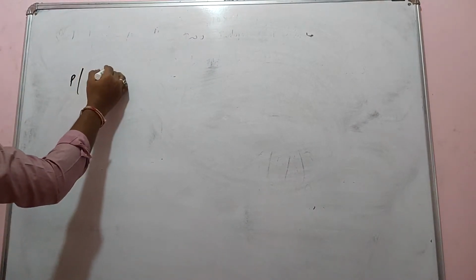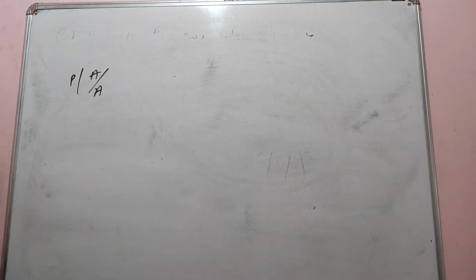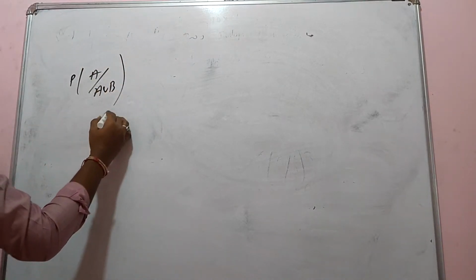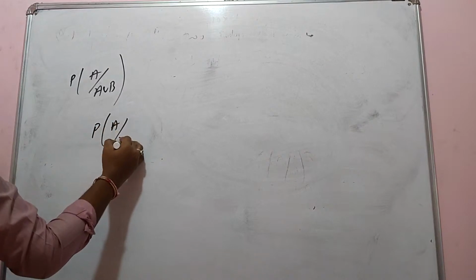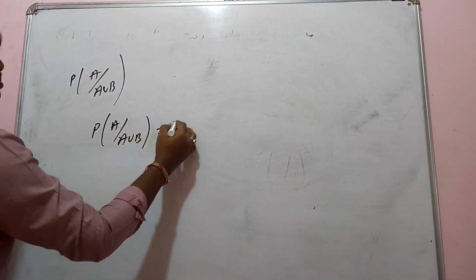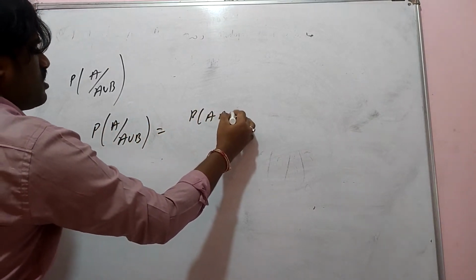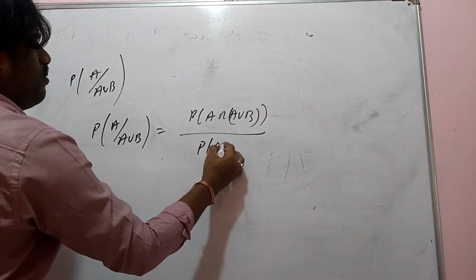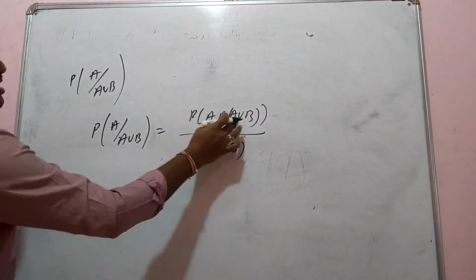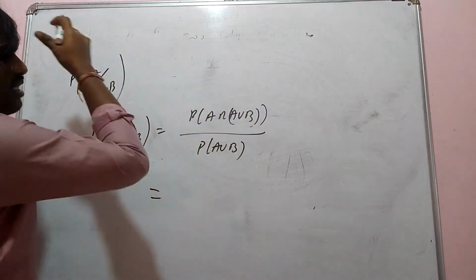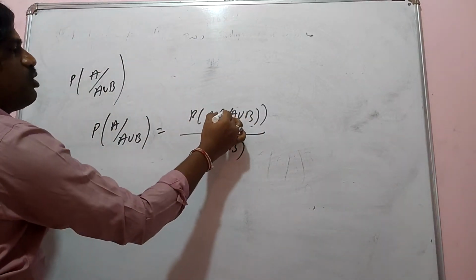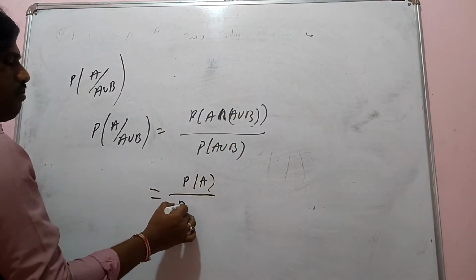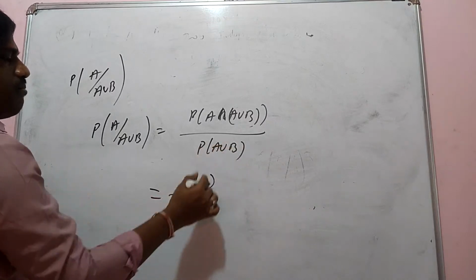Probability of A given A union B, right? So what I get here, probability of A given A union B, I can write as probability of A intersection A union B divided by probability of A union B. So A union B is bigger, so in the intersection the smaller one comes, so the smaller one. So probability of A upon probability of A union B, the formula is what?